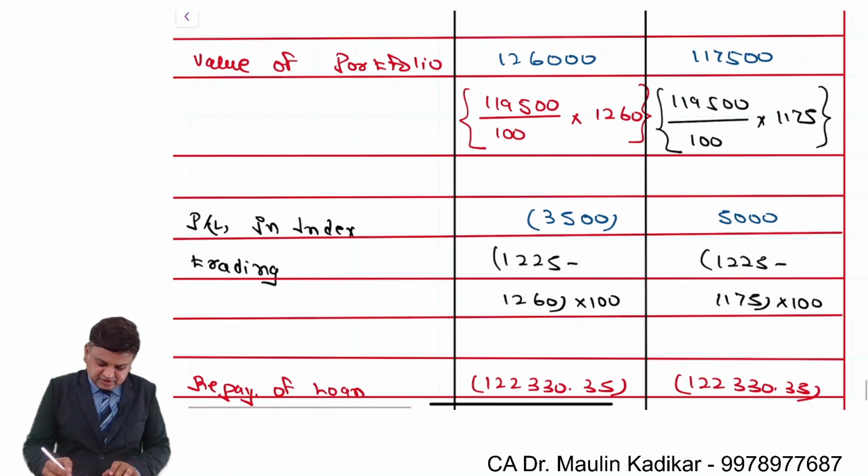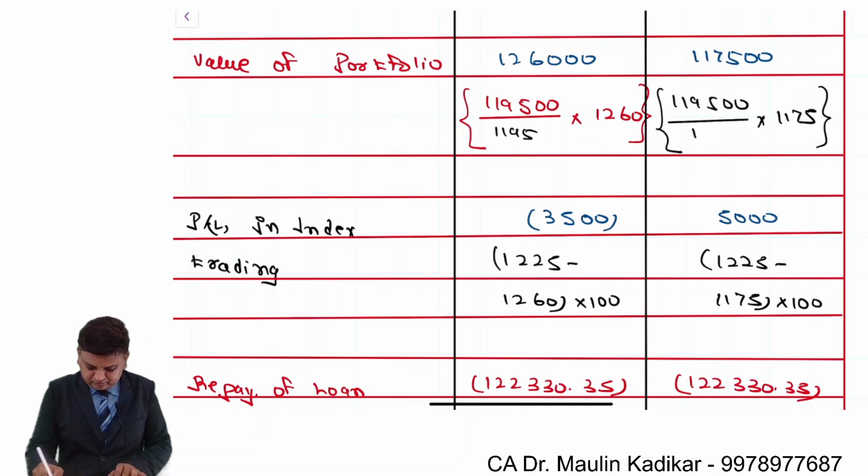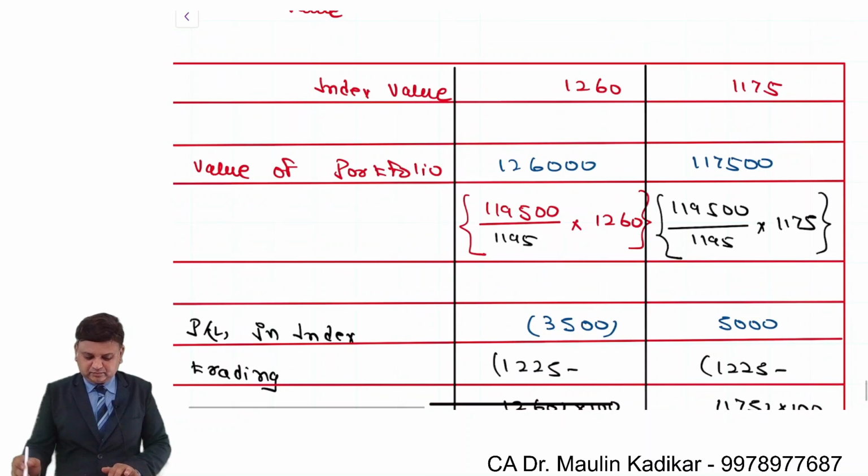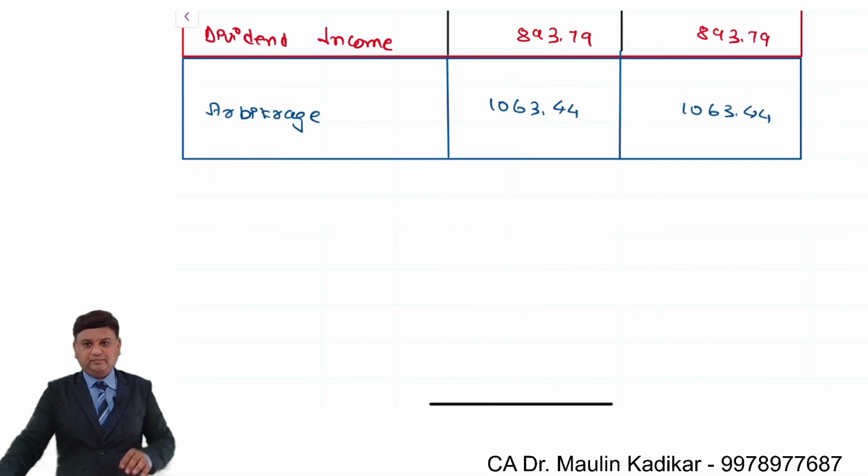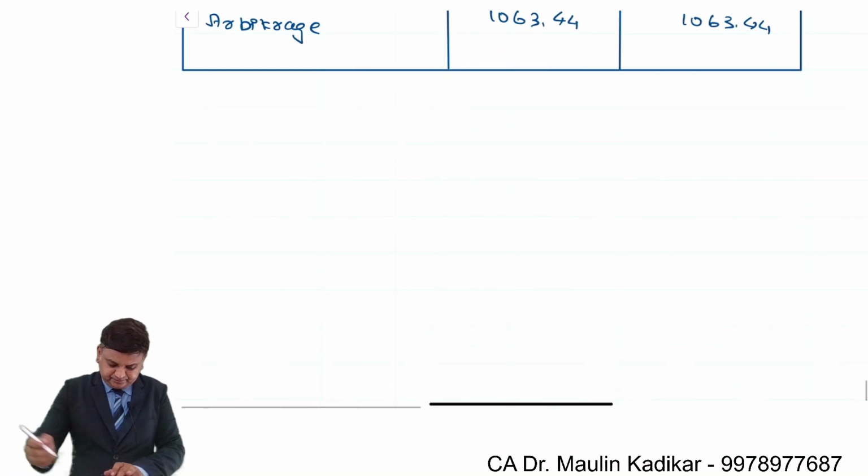Friends, over here in the division it will be 1195. I'm sorry. That is the spot index value. Please write down. So please write down one line answer.